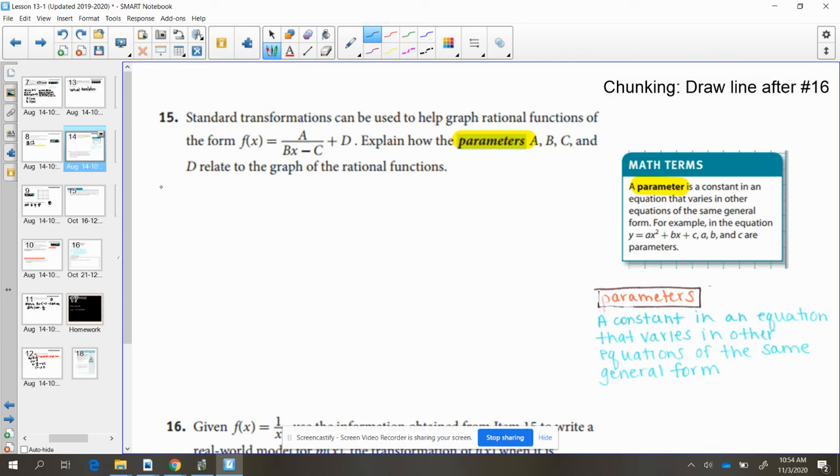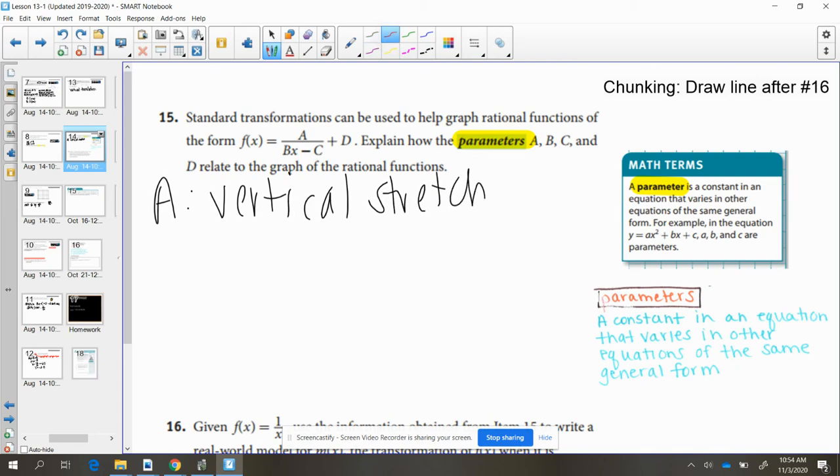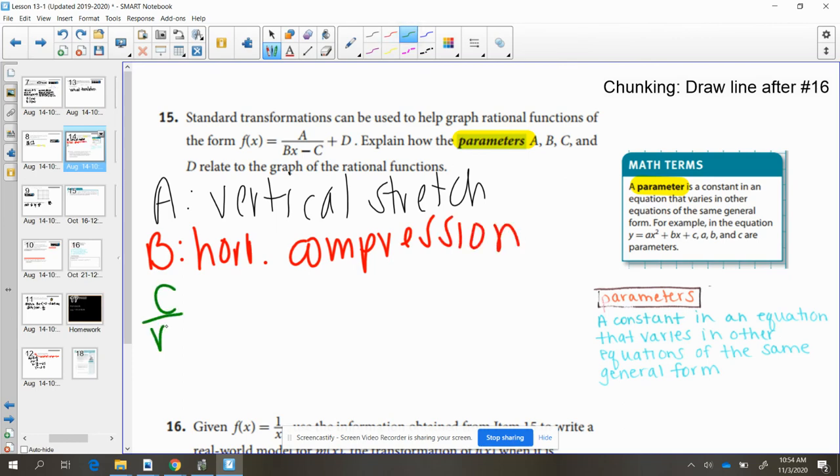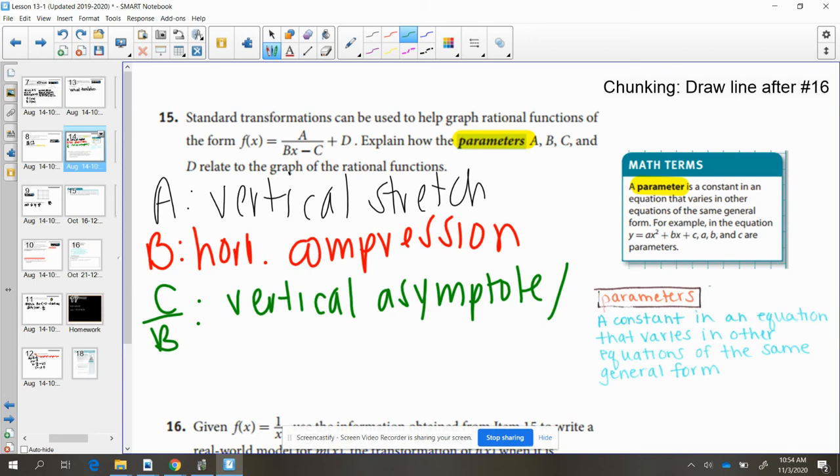So a is going to represent your vertical stretch, and then b is your horizontal compression. c over b, we talked about, is your vertical asymptote, or your horizontal translation. They kind of go together.